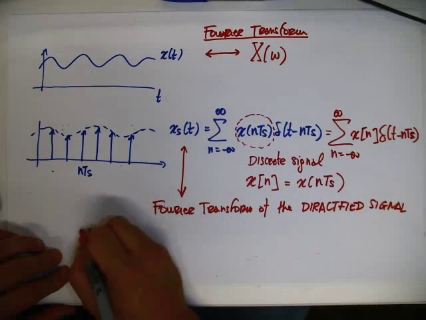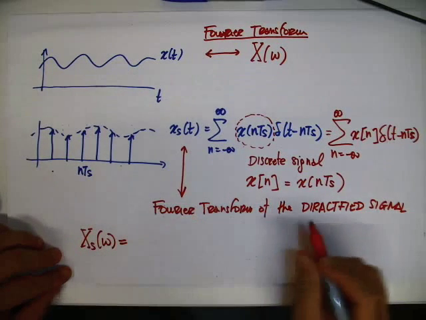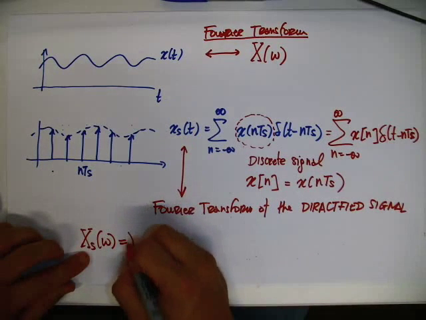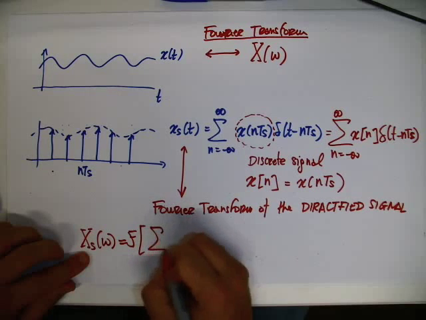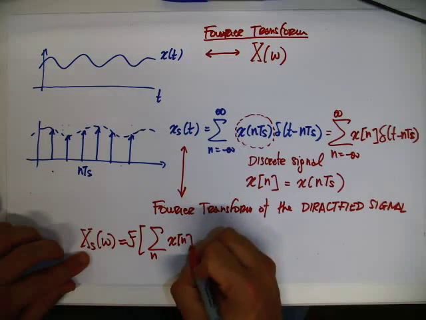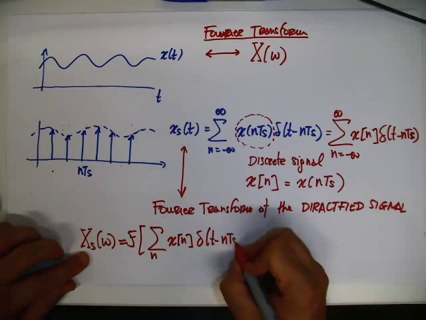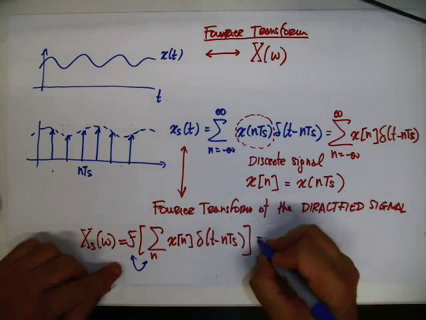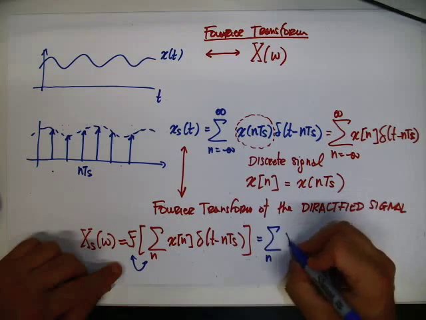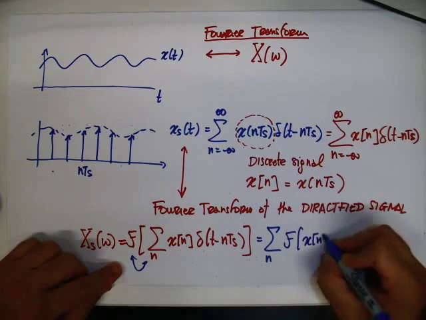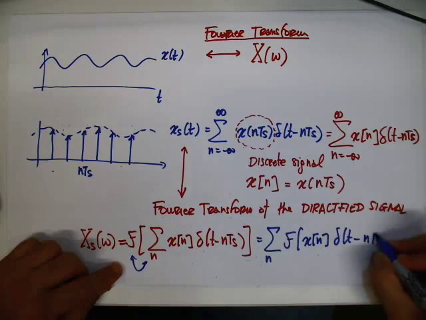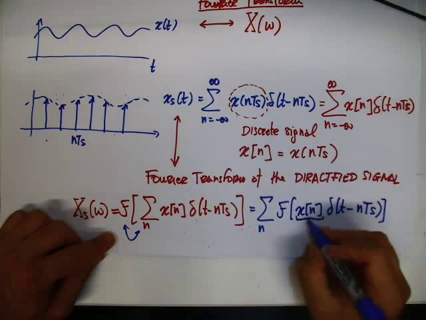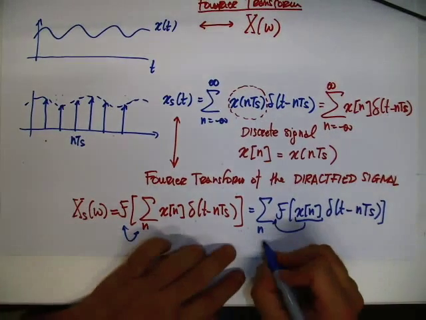It's pretty straightforward, because the Fourier transform of the discretized signal is equal to the Fourier transform of that infinite sum, but the Fourier transform operator is linear, and so we can swap it. So we have the Fourier transform of x n times delta t minus nts. Is that right? But now x n is a constant, and so we can bring it outside.